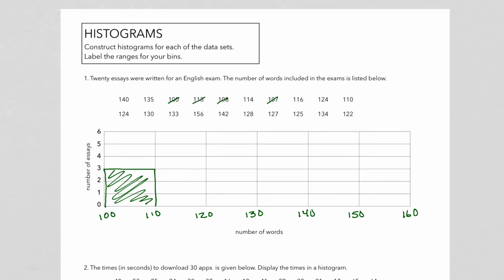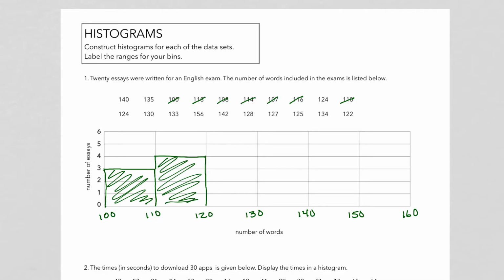We have 1, 2, 3, 4. Looks like 4. So we're going to go up to 4 for that bar. We have 4 pieces of data that fit into that interval.